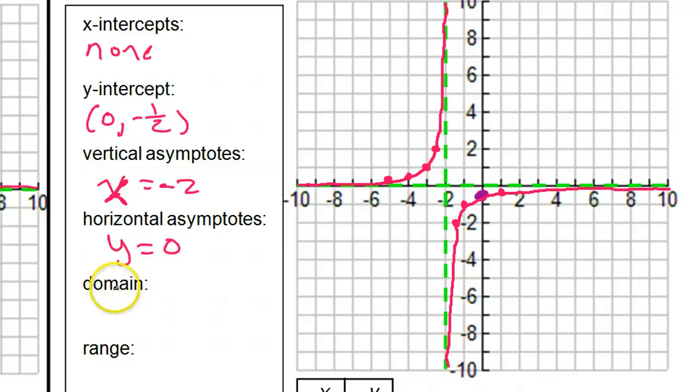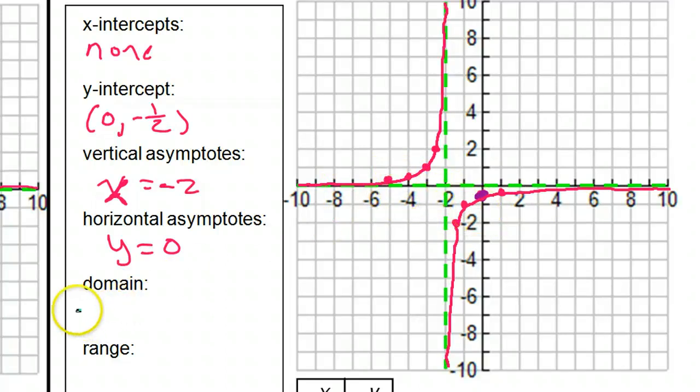Now the domain is the x values of the graph. So the domain includes all of the x values except for the vertical asymptote, which is at negative 2. So basically do the domain of each of these branches separately.